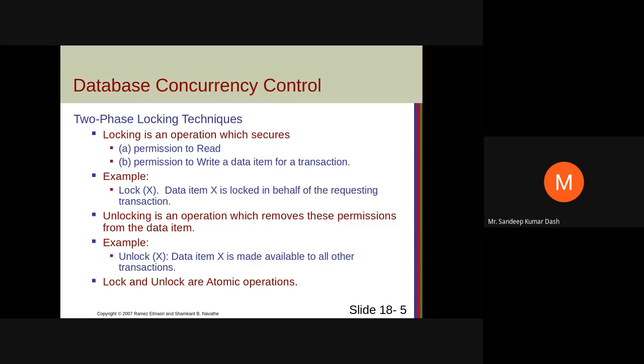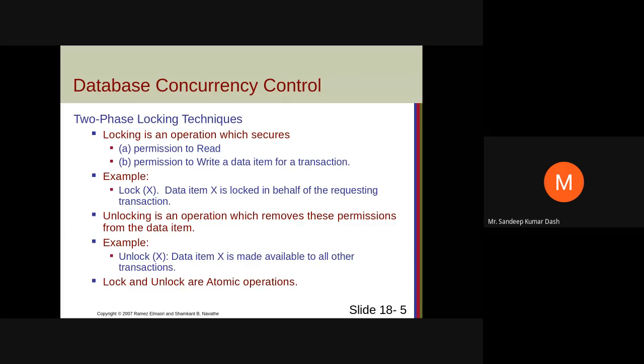Fine. So by means of locking, you give the permission to read or write. When you write, the syntax is lock(X). So you are locking a data item X. In some books they also write it as lock_X.